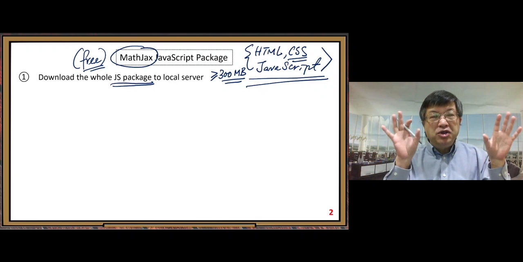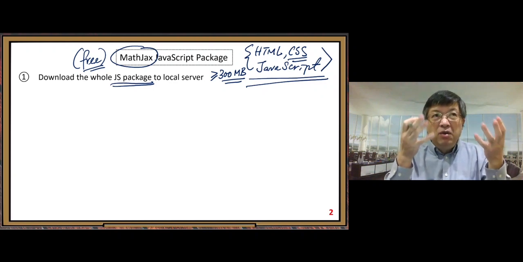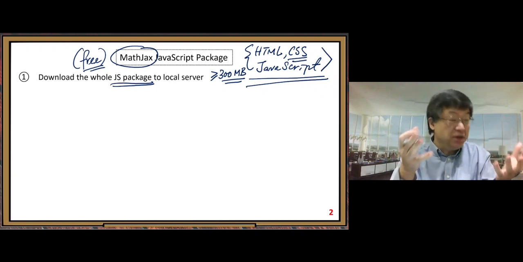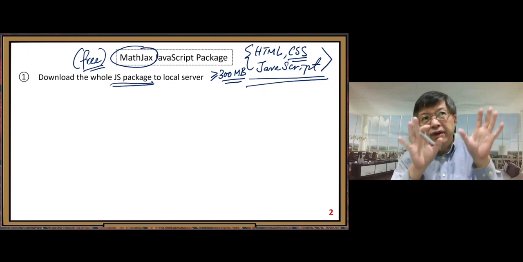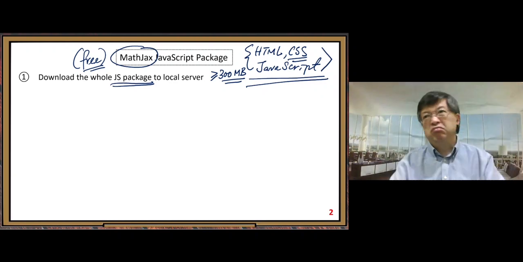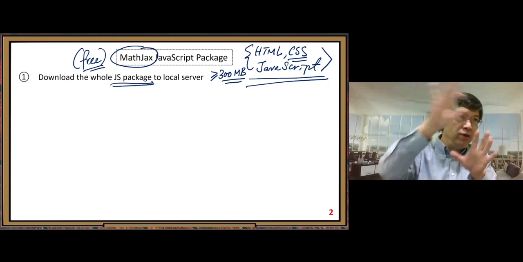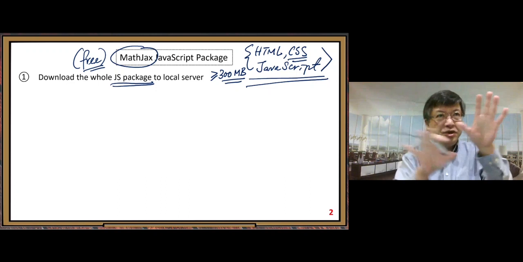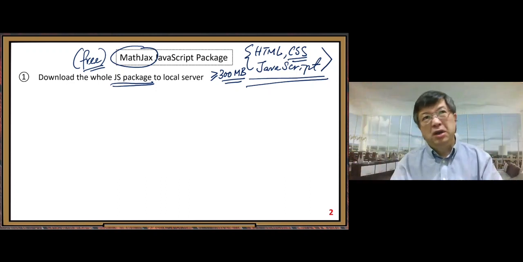All different images, because the formula needs to be represented in image components. All those different image components are stored in the package. So you can imagine how big. Then JavaScript code manipulates those images.